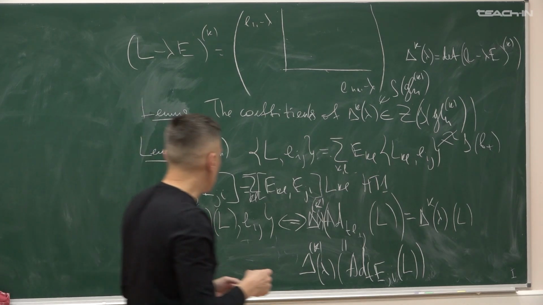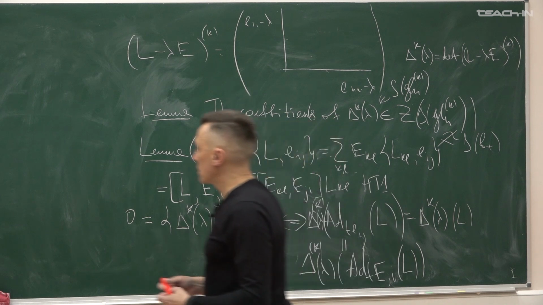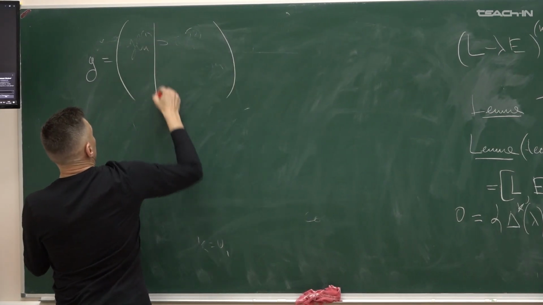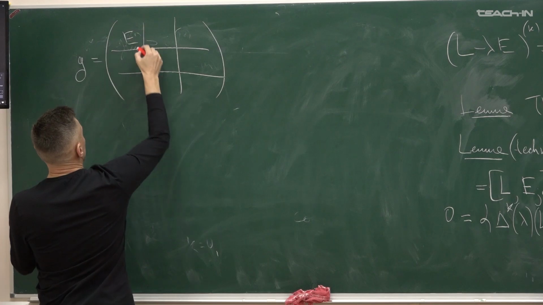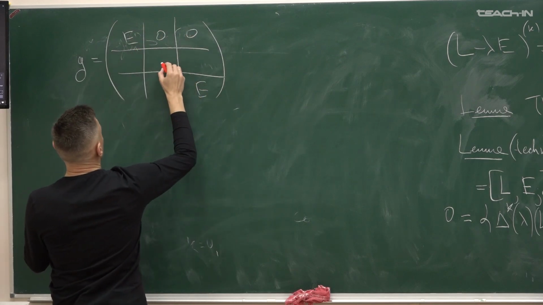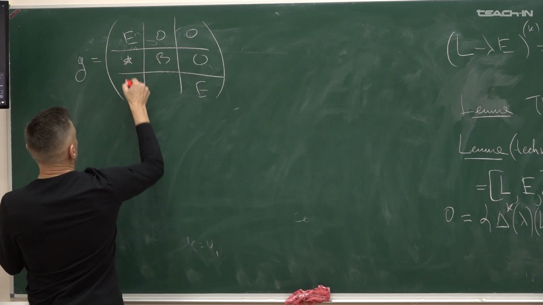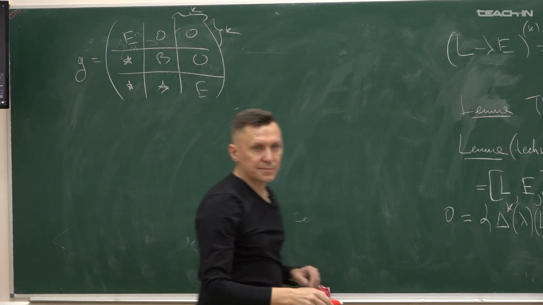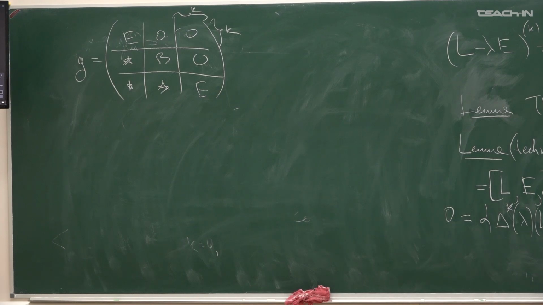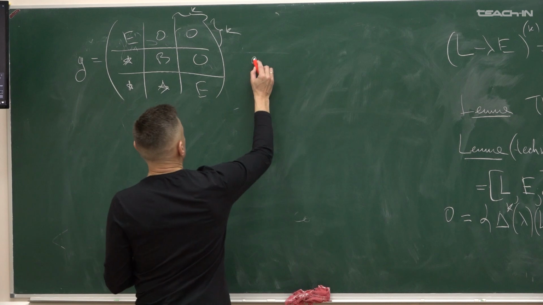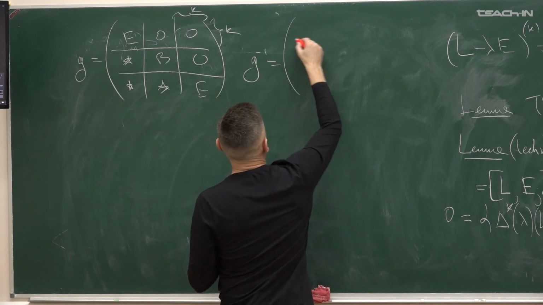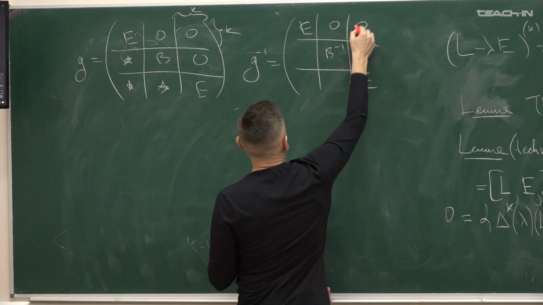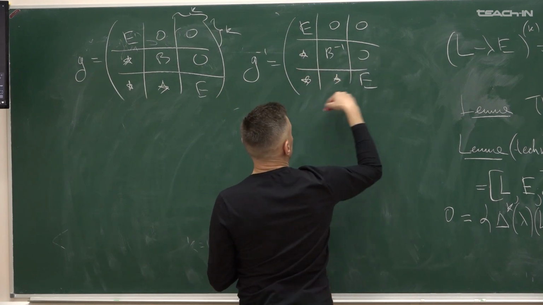I will make a more general calculation. I will consider an element G which has the form E, 0, some matrix B, and stars; here is K. G inverse is obviously of such a form, with B minus 1, but I don't need these stars.